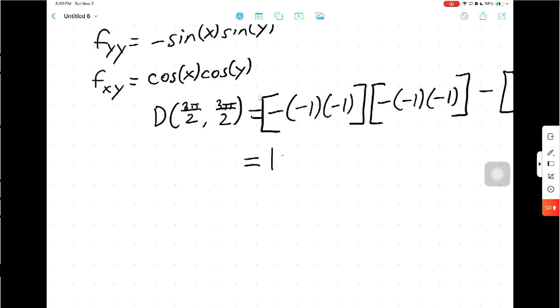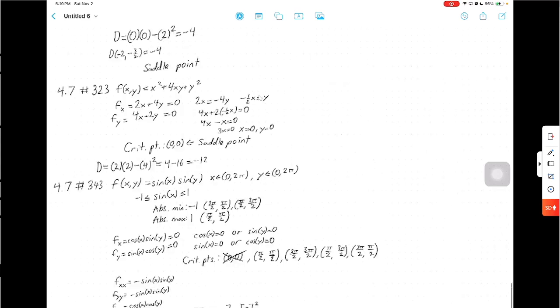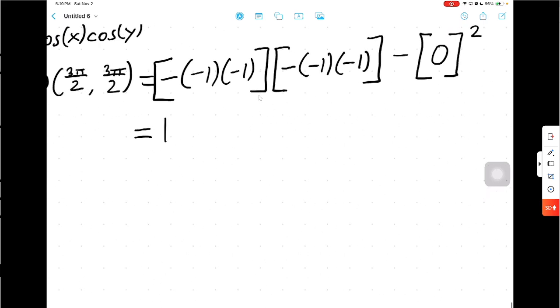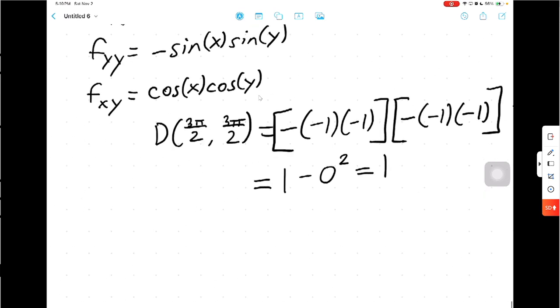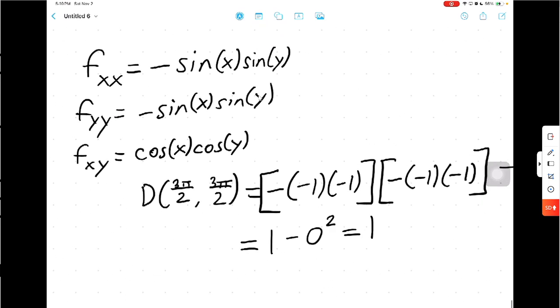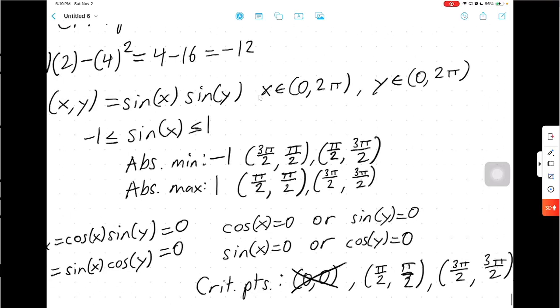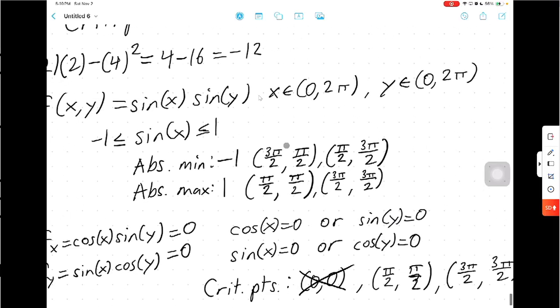Which is equal to 1. I just realized this should also be over here, because negative 1 times negative 1 is also just 1. It's just 1 minus 0 squared, or just 1. Here, our fxx is less than 0, so we actually have a maximum. So conclusion, there are no saddle points, and these are what you have here.